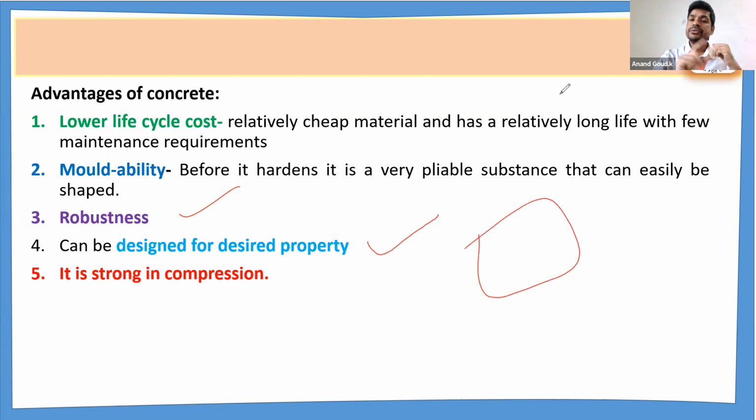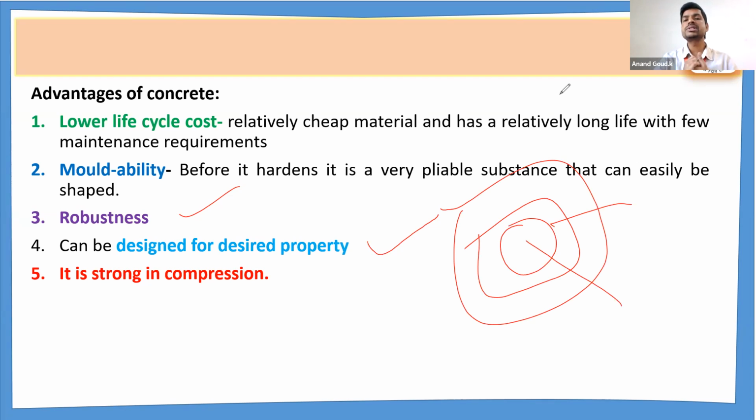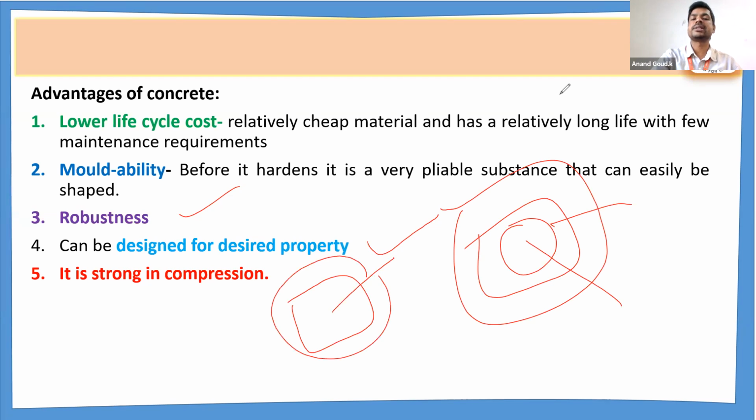If you want to increase the strength of the wooden material, can you increase the strength of natural wood? You cannot. You can apply some casing around the wooden material, but you cannot increase the core wood strength, right? But here you can increase the strength of the concrete itself without applying any casing.